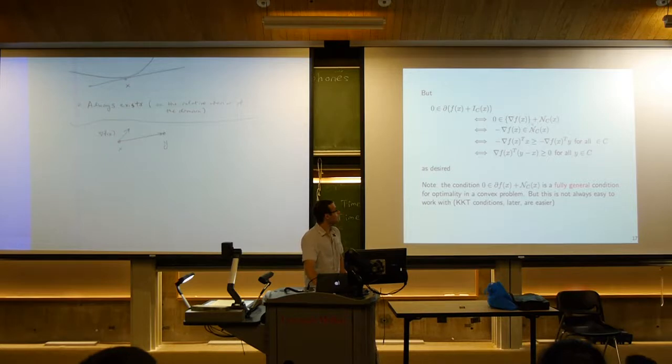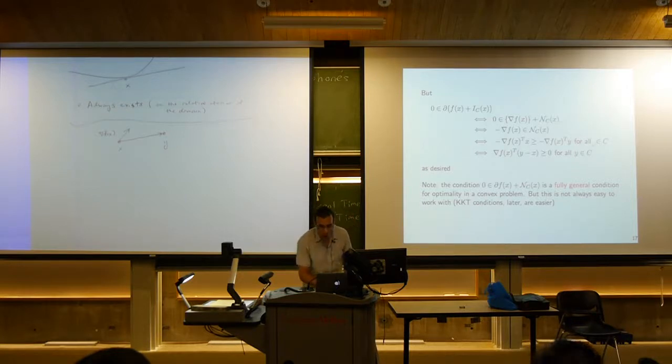If I have something here that's equal to 0, then I must have the negative gradient being an element of the normal cone. But let's just recall what the normal cone meant. The normal cone was the set of all vectors such that the inner product of that vector with x is bigger than or equal to the inner product of that vector with y for all other points y that are in the set.